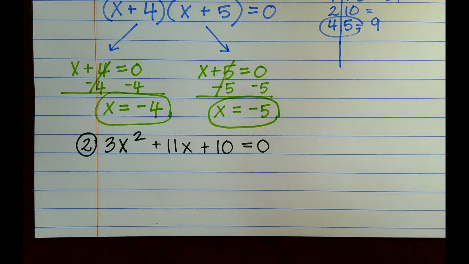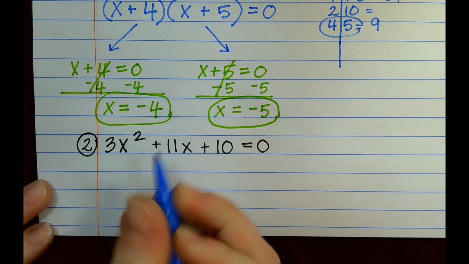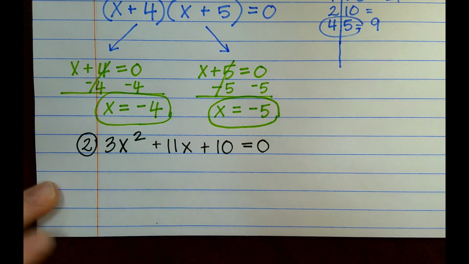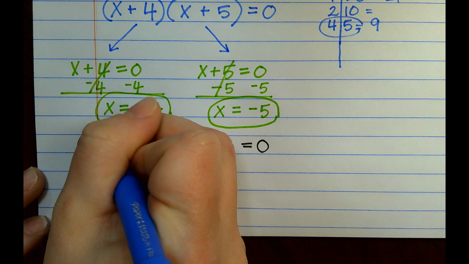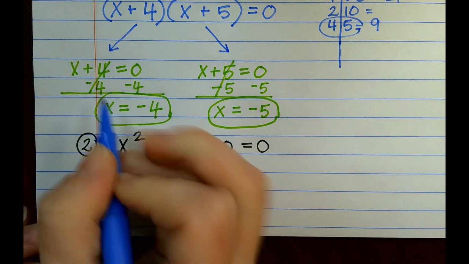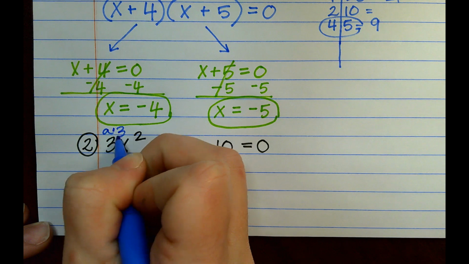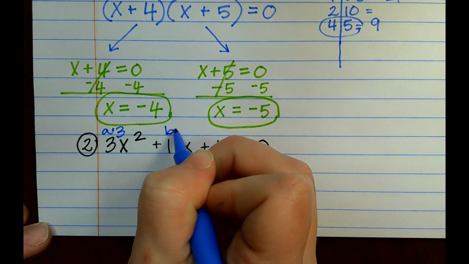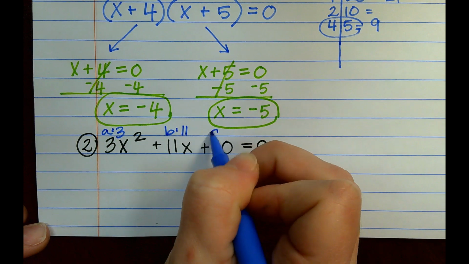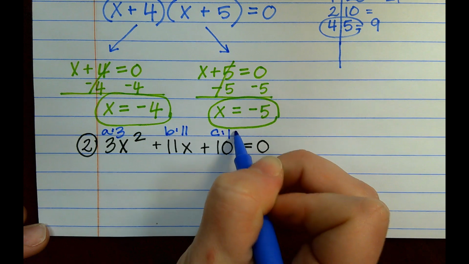What should we be doing first? Yes, we always want to look at our A, B, and C first. So, I didn't leave myself a ton of room. I'm going to try to squeeze it up there. What's my value for A? 3. My B? 11. And my C? 10.